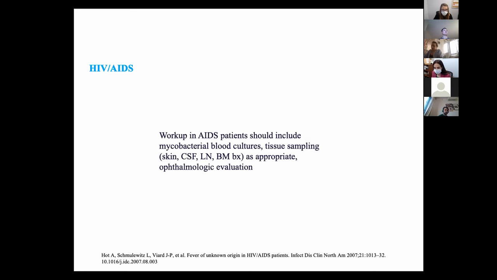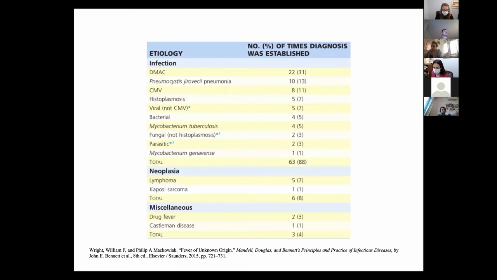And an ophtho evaluation is helpful because CMV retinitis and CMV eye disease can be subclinical early on, but it can be a clue to disseminated CMV disease. And this is just a breakdown of specific etiologies.